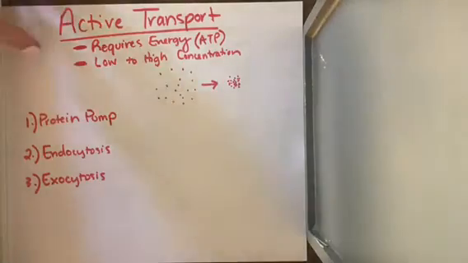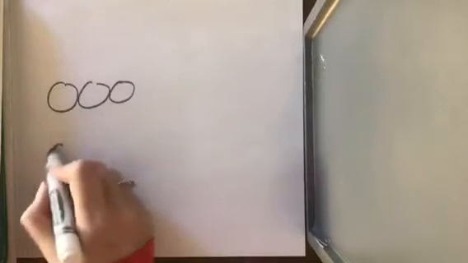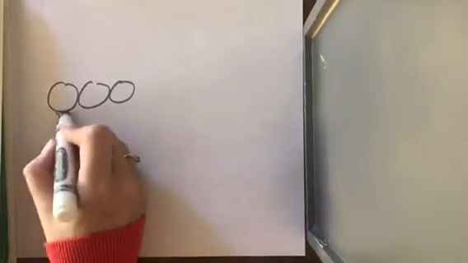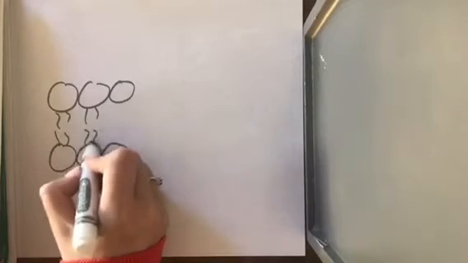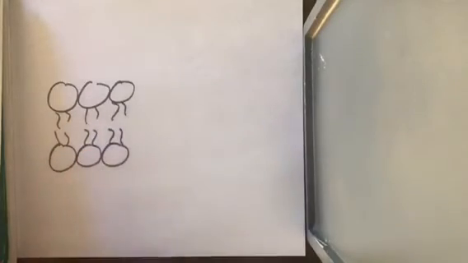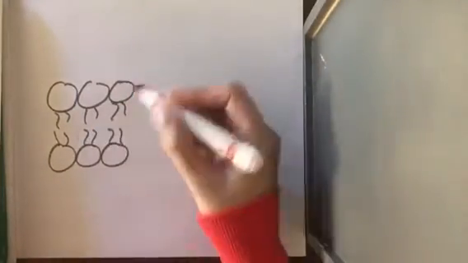So, with a protein pump, this is a protein that is embedded in the cell membrane. So here we have our cell membrane. I'm making my phospholipid bilayer, and this protein is going to be kind of stuck in there.